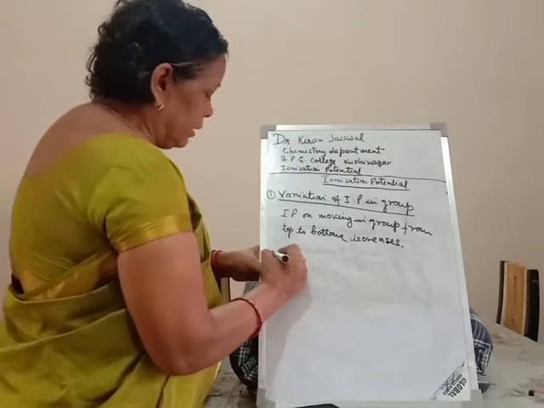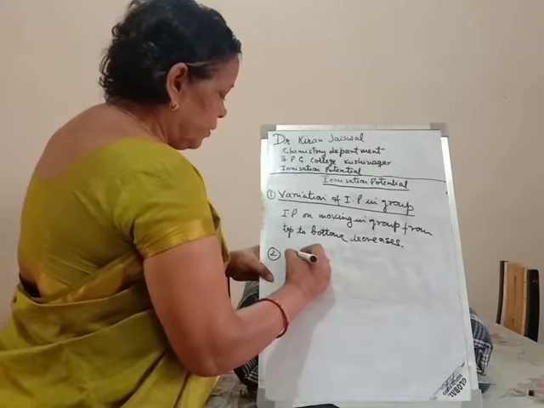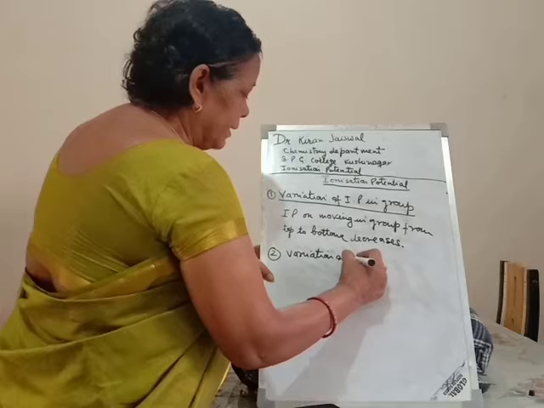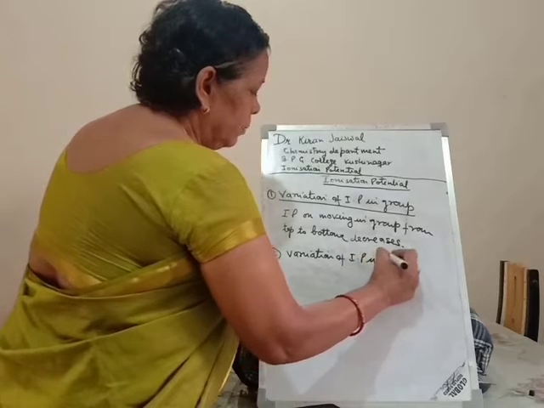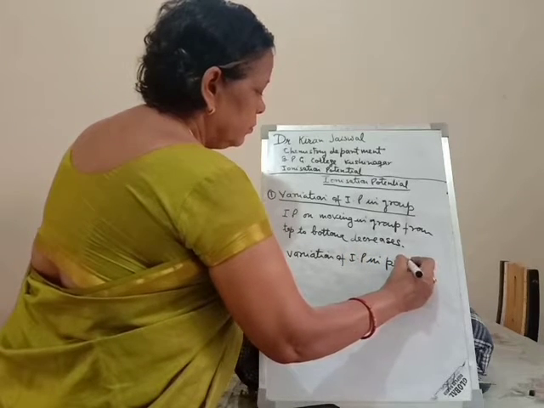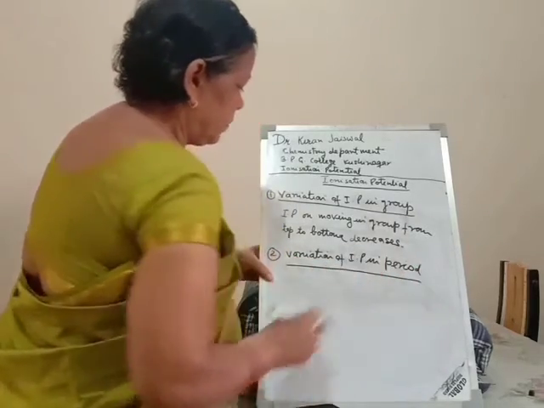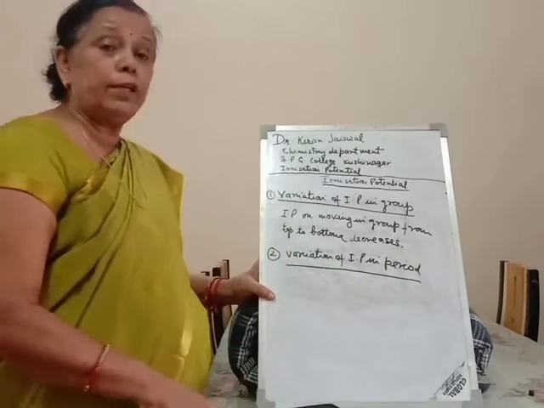The second point is the variation of ionization potential in period.